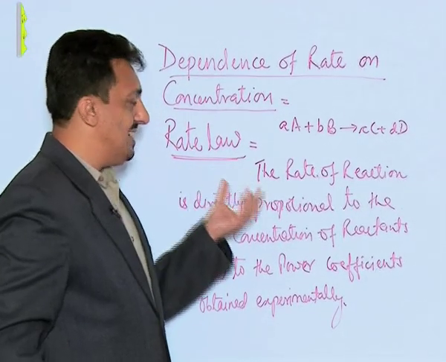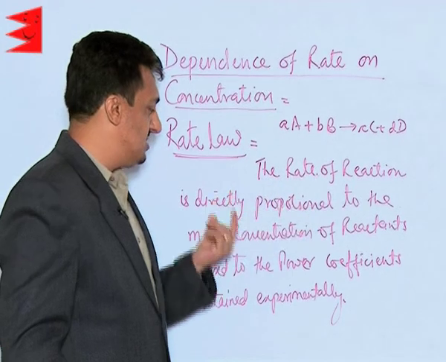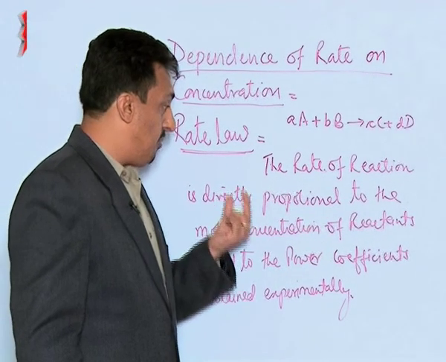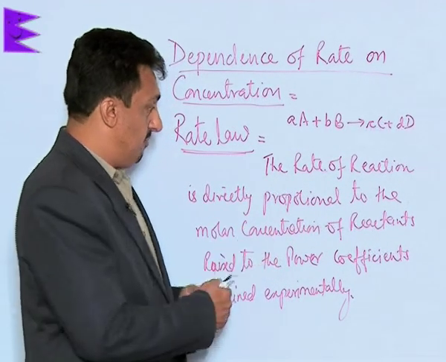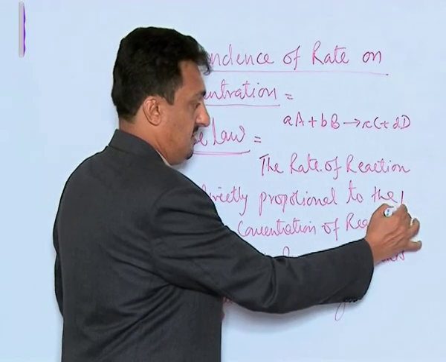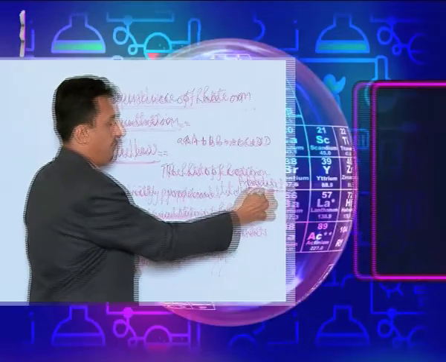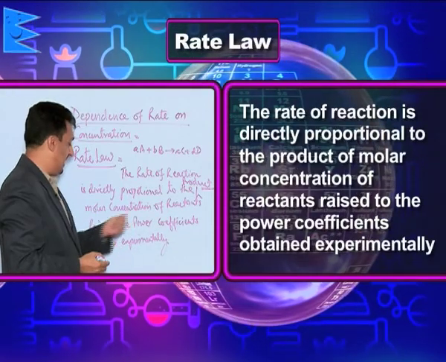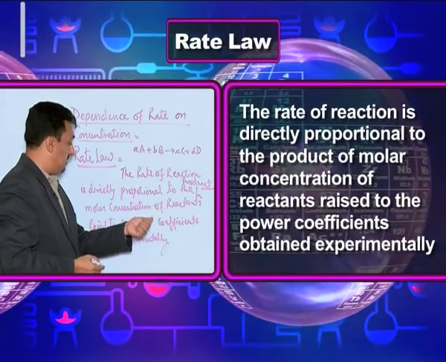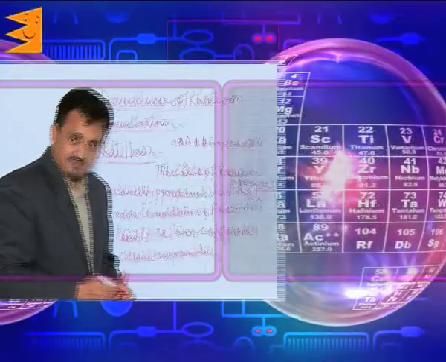So this rate law states that the rate of a reaction is directly proportional to the product of molar concentration of the reactants raised to the power coefficients obtained experimentally.